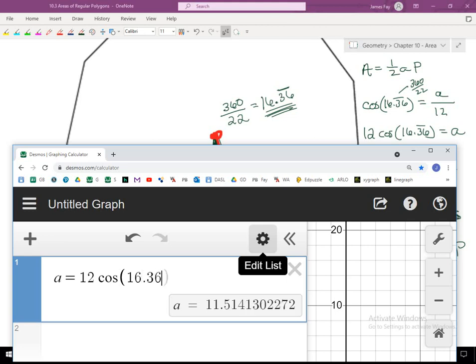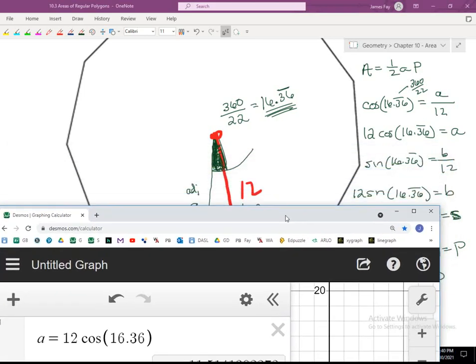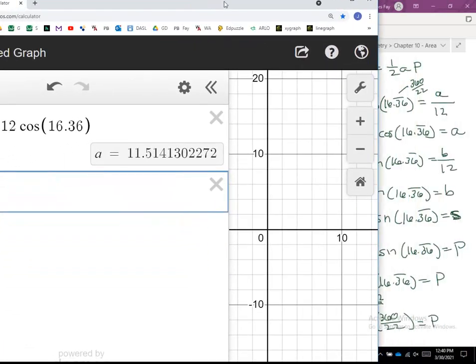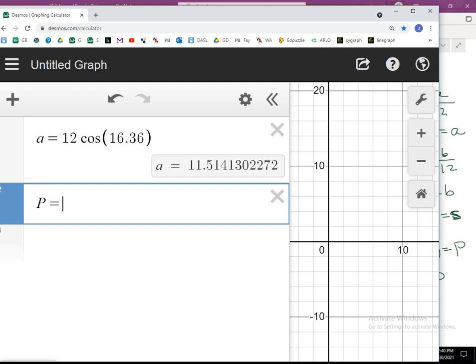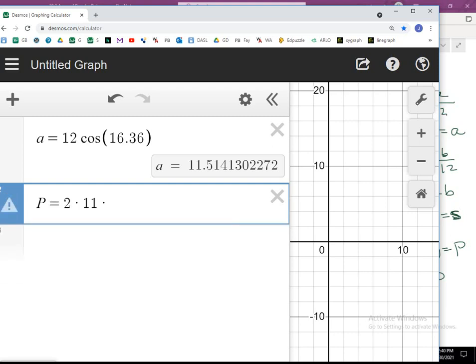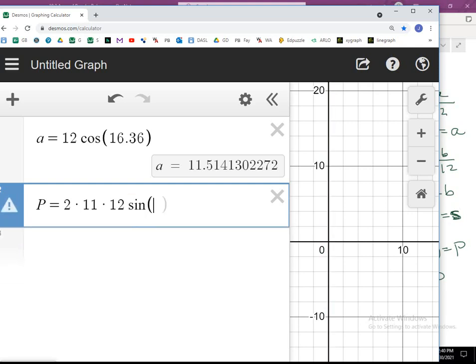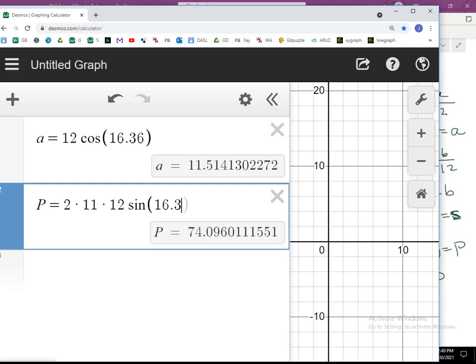Well, so we'll do the rounding here first. So 16.36. And then we found what the perimeter to be, I can go 2 times 11 times 12, okay, or the 264 times sine of 16.36.